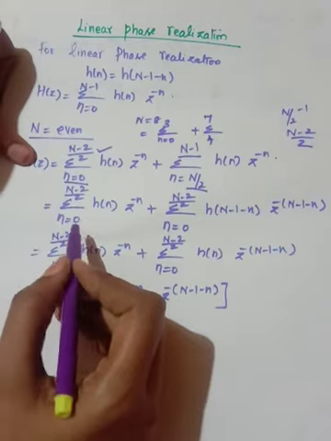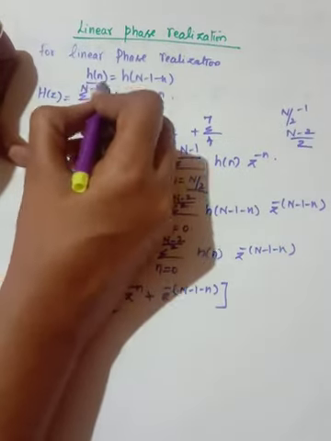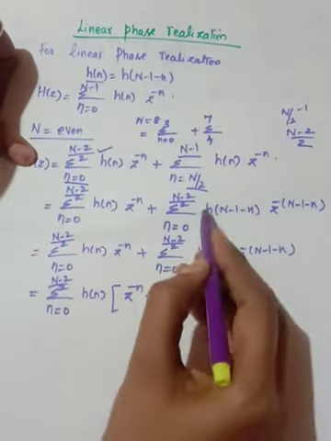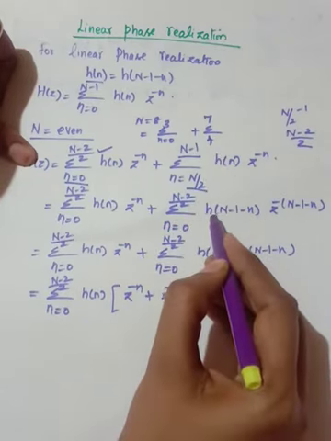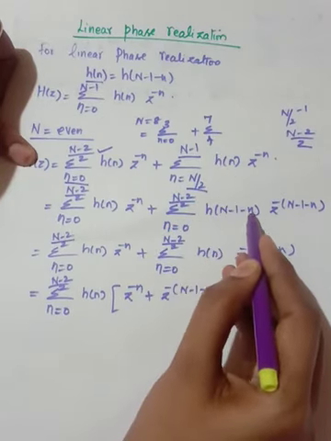Now what we will do in linear phase realization: one half is equivalent to the other half, so I am substituting h of n is equal to h of N minus 1 minus n.